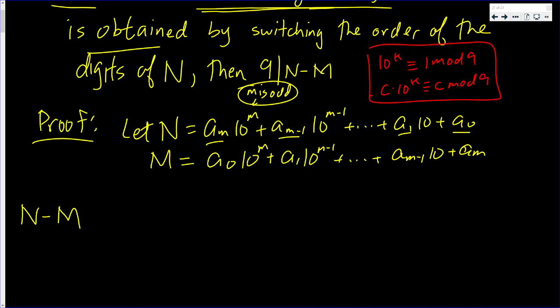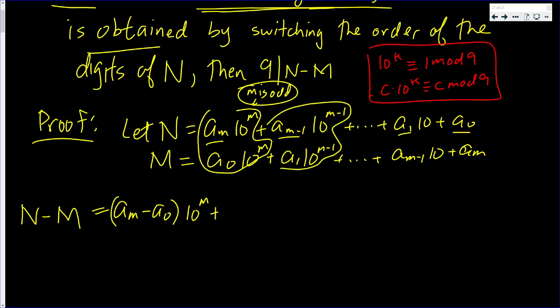So what is m minus n? Well, if you subtract these, you get a_m minus a_0 times 10 to the m. I factored out 10 to the m, and here I'm going to factor out 10 to the m minus 1.